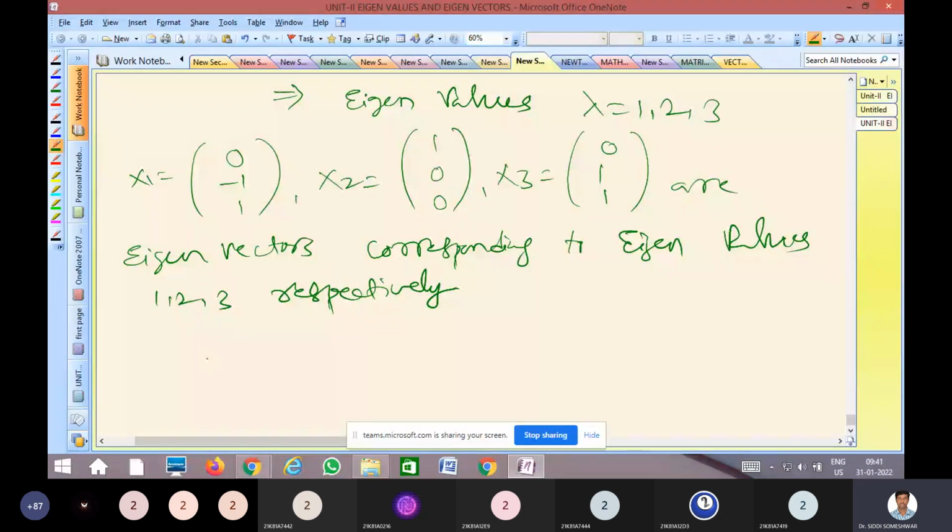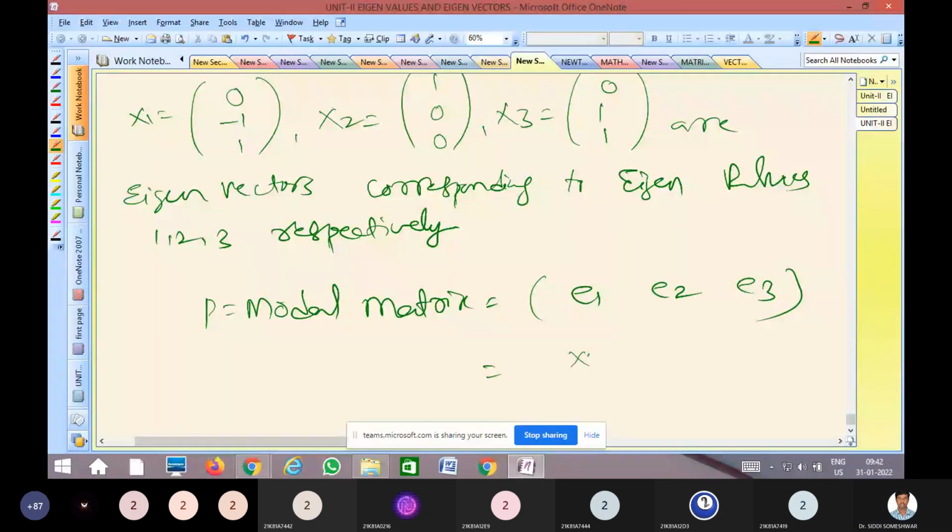P is the model matrix with elements E1, E2, E3, the normalized eigenvectors h1 by norm h1, h2 by norm h2, h3 by norm h3. Now you know how to find the normalized eigenvectors, so we will write them one by one.